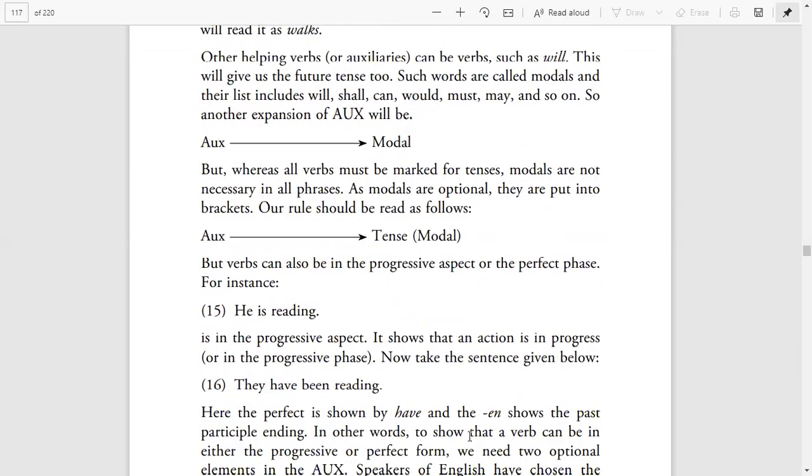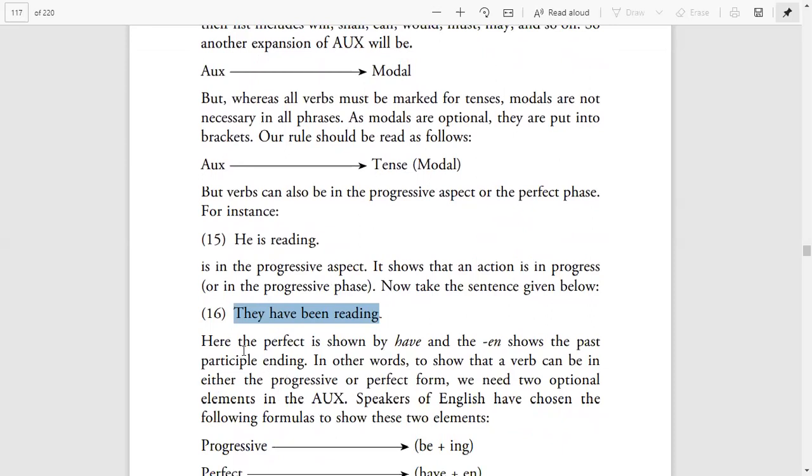Now take the sentence given below. So this action is in progress, and this action, they have been reading, is in a different form. Here the perfect is shown by have. Yes, have shows the perfect sense or the perfect tense, and the en here shows the past participle ending. So en normally denotes the past participle ending.